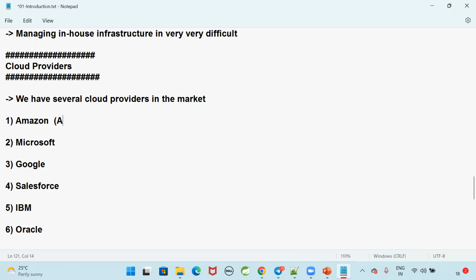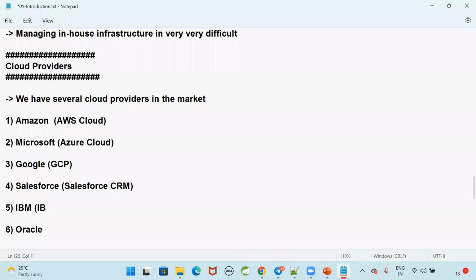Amazon is providing the AWS cloud. Amazon is a company, and this Amazon company manages the AWS cloud. AWS stands for Amazon Web Services. Microsoft has a cloud called Azure. Google has one called GCP. Salesforce has the Salesforce CRM Cloud.